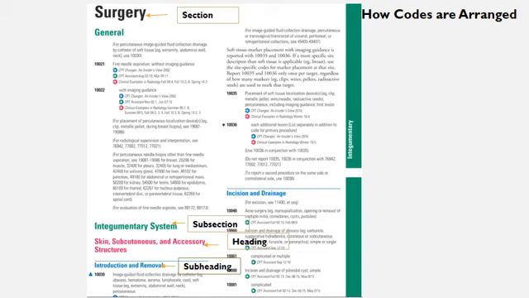Your section is in black, your subsections are in green, headings are red, and blue are your subheadings. And when we do the notation portion, we are documenting the red bold and the blue bold. The red bold is your body area and your blue bold is your procedure, and that's only applicable to the surgery section. Don't think that's the universal understanding of it, but it's common in your surgery section, and this is how it is arranged on the page.